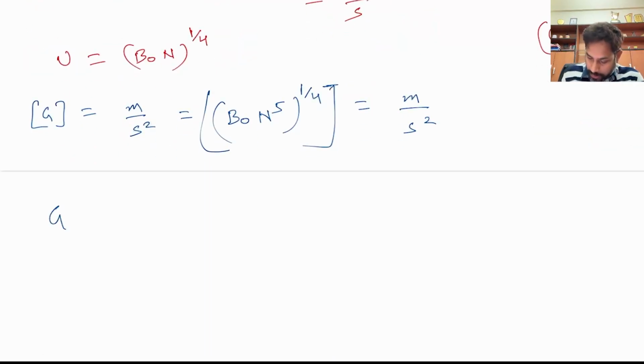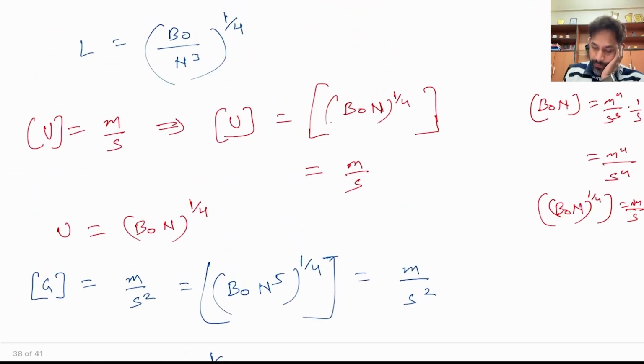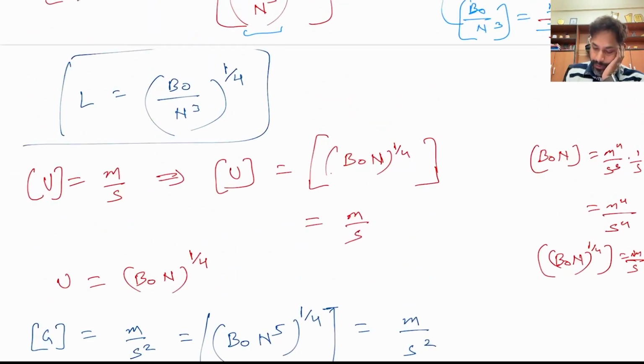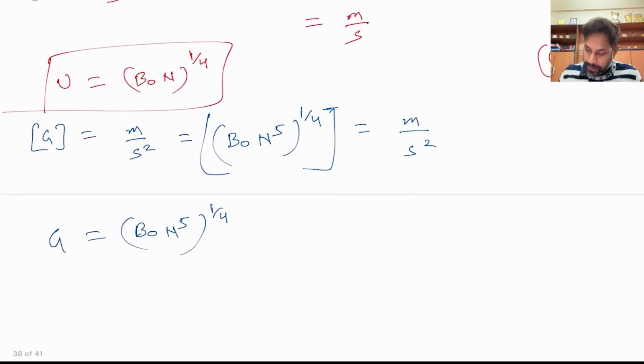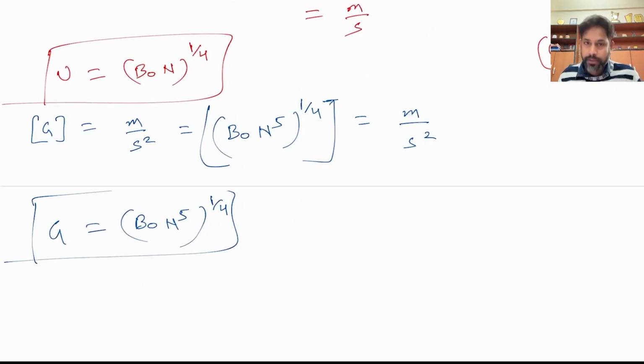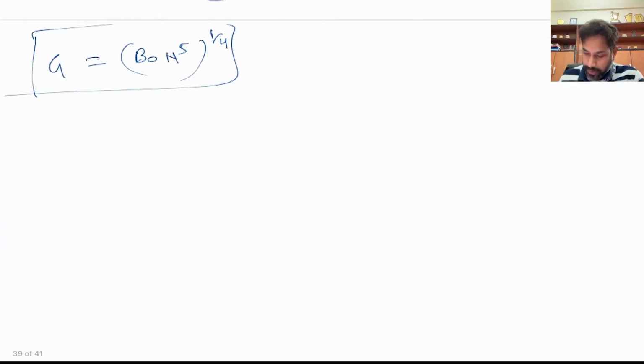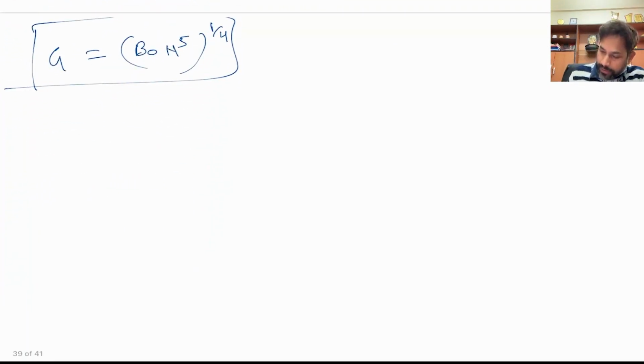That is why G is defined as b naught n to the power 5 to the power 1 by 4. So we have defined the length scale, the velocity scale, and the g prime scale. Now we can define dimensionless parameters.